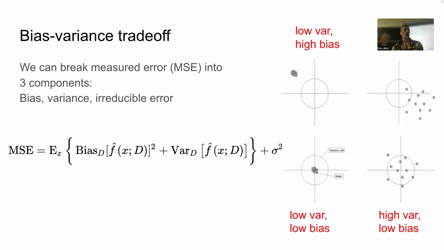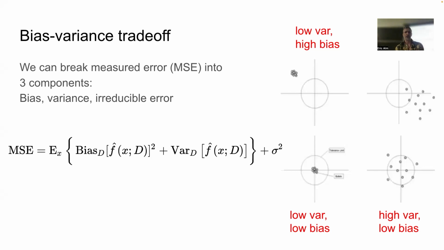Our model is probably not the true underlying model, so it's not the perfect model, and it's going to converge on some point that is potentially not the right answer.